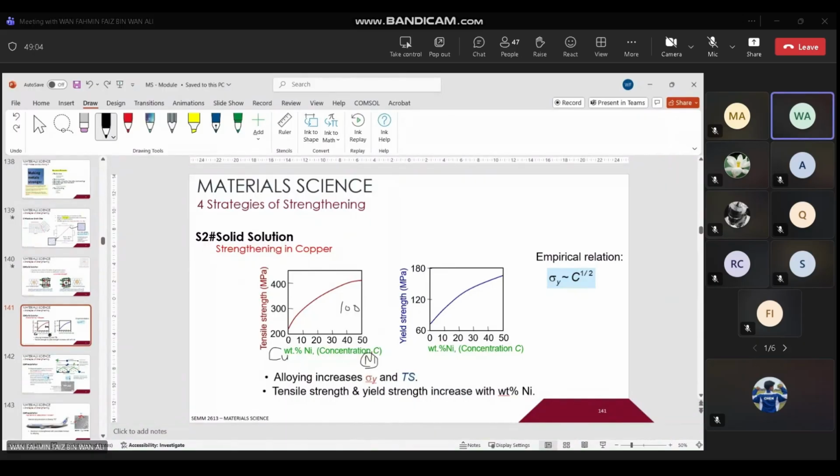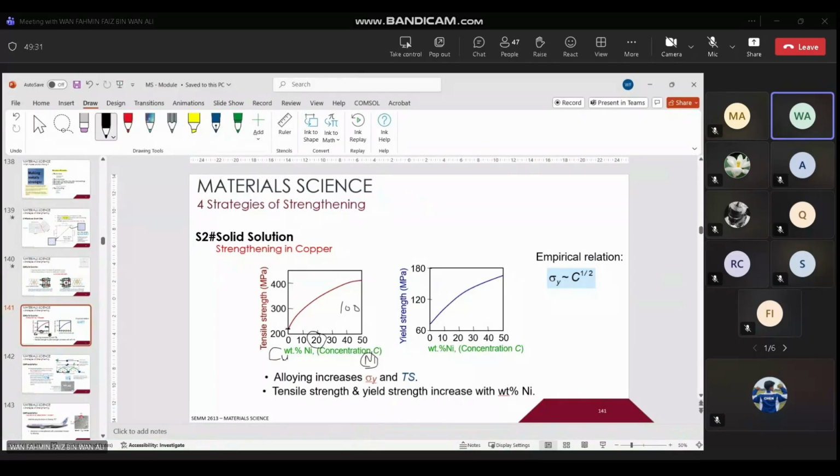At this point, 0% nickel, which is 100% copper, you can see the strength is low. It could be 210, 220 megapascal only, the ultimate tensile strength. But the moment you increase the percentage of nickel inside the copper, you can see the strength starts to increase. For example, you add 20% nickel inside copper.